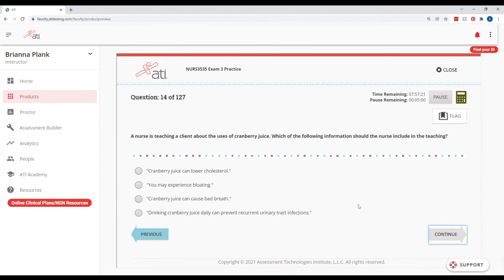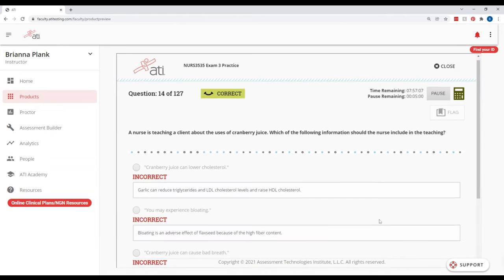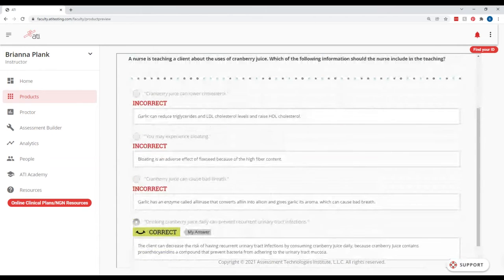We're teaching about cranberry juice. What do we want to include? Yeah, that's what I'm thinking. So cranberry juice, pretty much common knowledge, right?